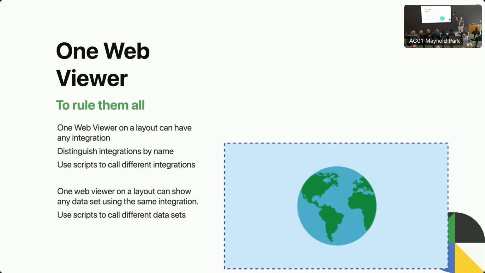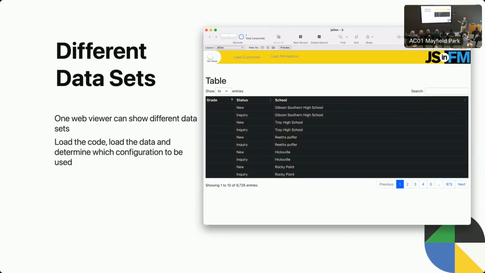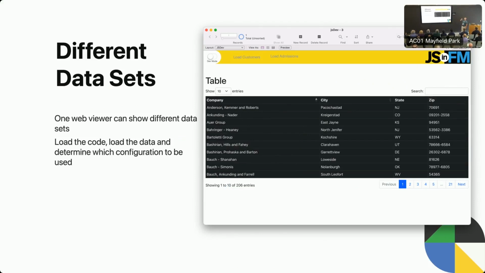I can place this anywhere. I can have 15 widgets in my 15 dashboards, 15 tables, and it can be in one web viewer. It could also have different data sets. The web viewer is flexible enough, and the whole process allows me to take one set of data in a web viewer and then immediately put another set of data in there. So I have so much freedom to put that web viewer anywhere I want in my layout, in my custom app.